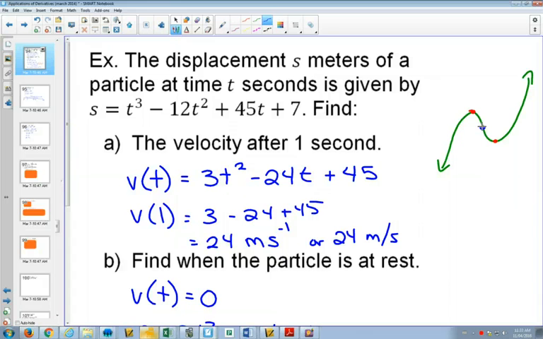So again, a very interesting race because this racer has an initial velocity. As soon as that gun goes, they're traveling at 45 meters per second. They've cheated, and boom, poof, they're off. But they use so much energy just getting to that instantaneous velocity of 45 meters per second that they're slowing down.